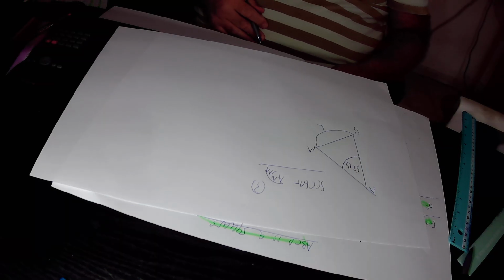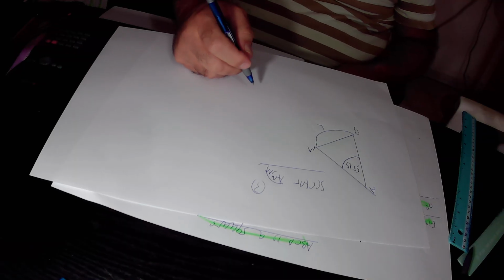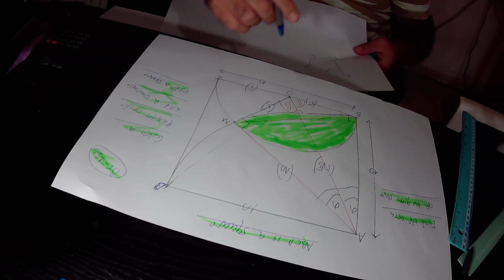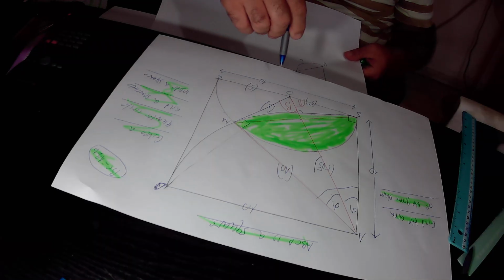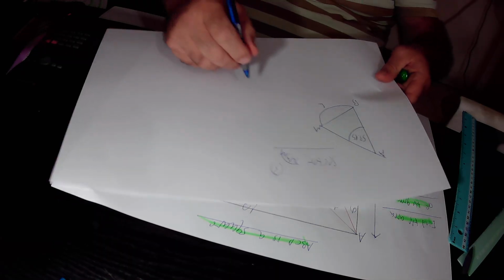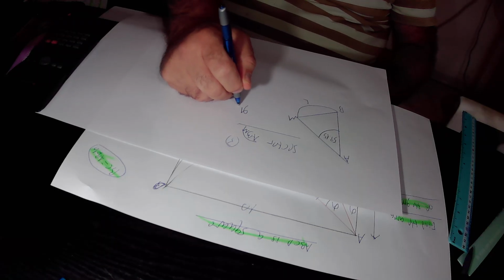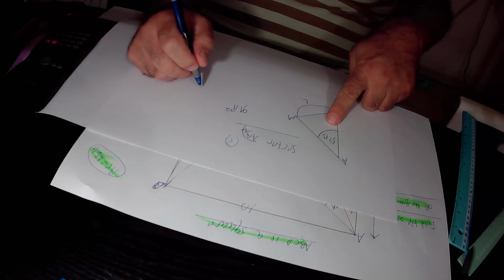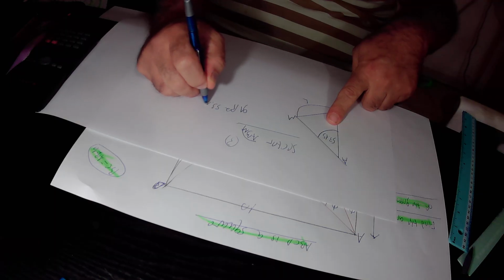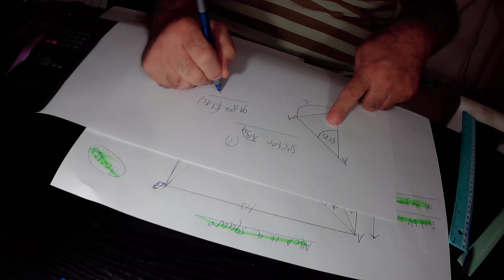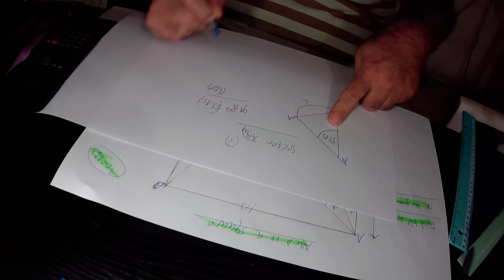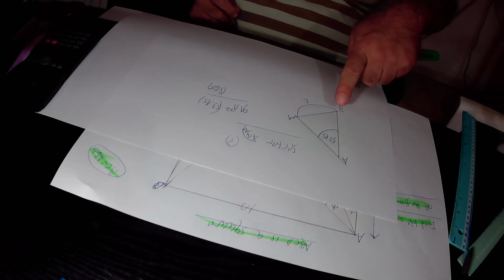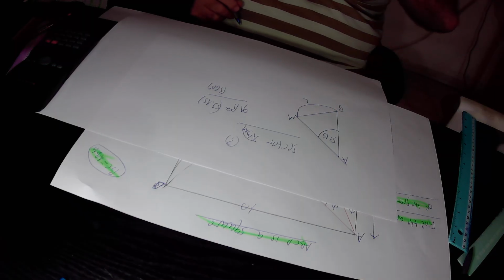We know that the area of any sector equals pi r squared, where r is the radius of the circle that contains the sector, times the angle between the legs of the sector over 360 degrees, here 53.13 over 360.